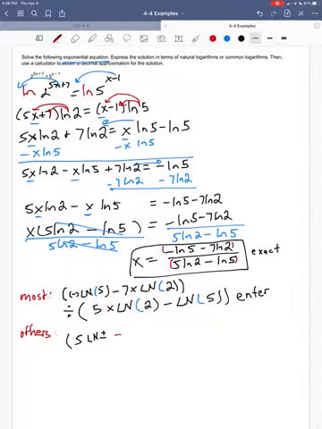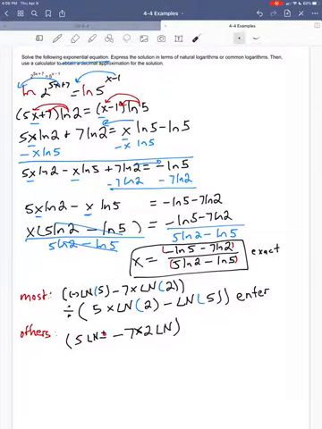So minus 7 times, and to do the natural log of 2, I have to put in 2 and then hit natural log. And then I close the parentheses for the numerator. So that's what I have here.